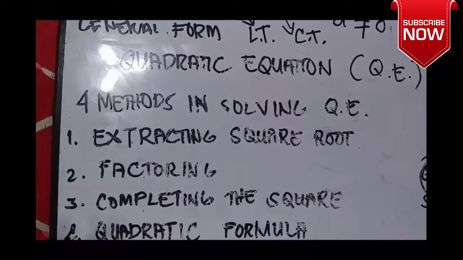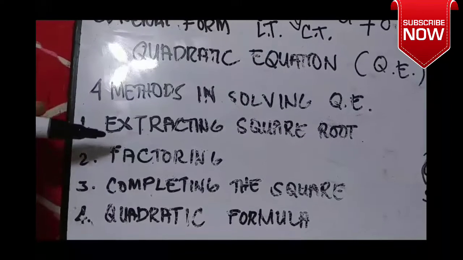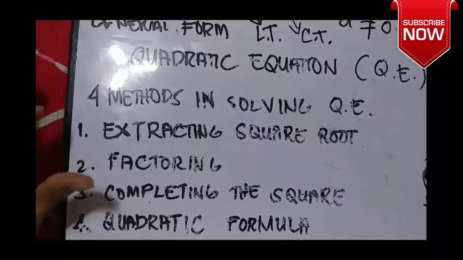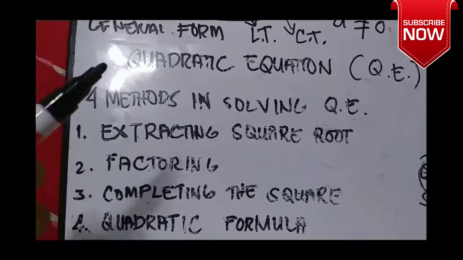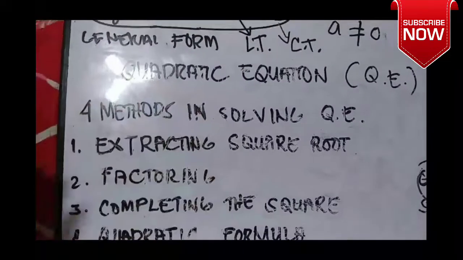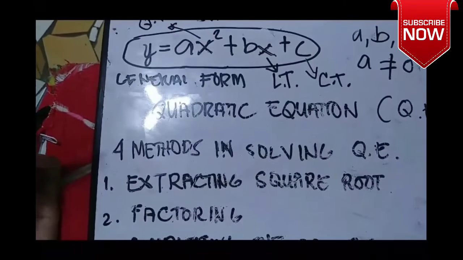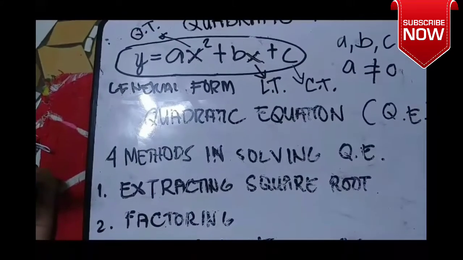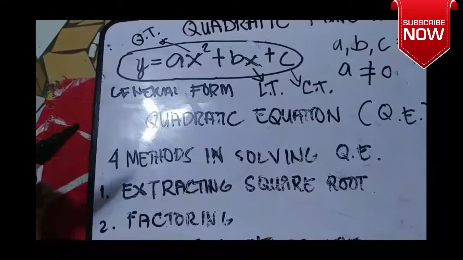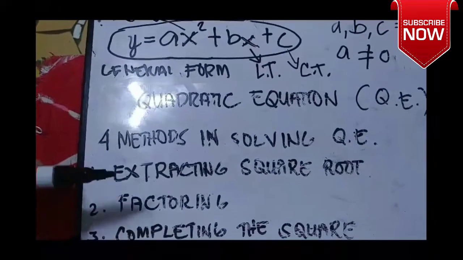So we will discuss kung ano yung pagkakaiba ng solutions ng apat na to, at aalamin natin kung which of them yung pinaka-efficient na gamitin natin sa pag-solve ng quadratic equation. So, first, siguro magbibigay muna tayo ng sample ng isang quadratic equation, tapos isa-solve natin na gamit yung apat na to. So, i-erase muna natin to guys.